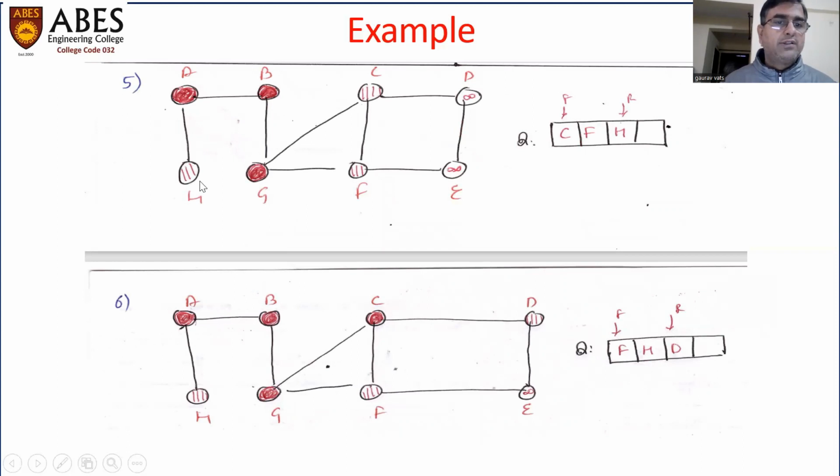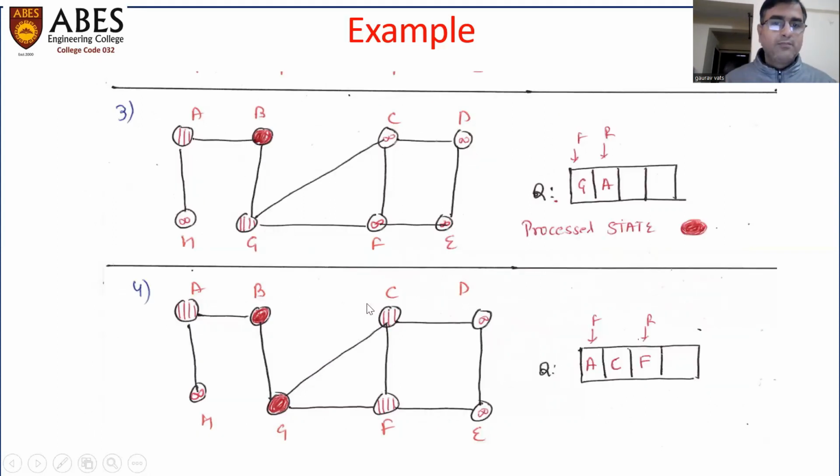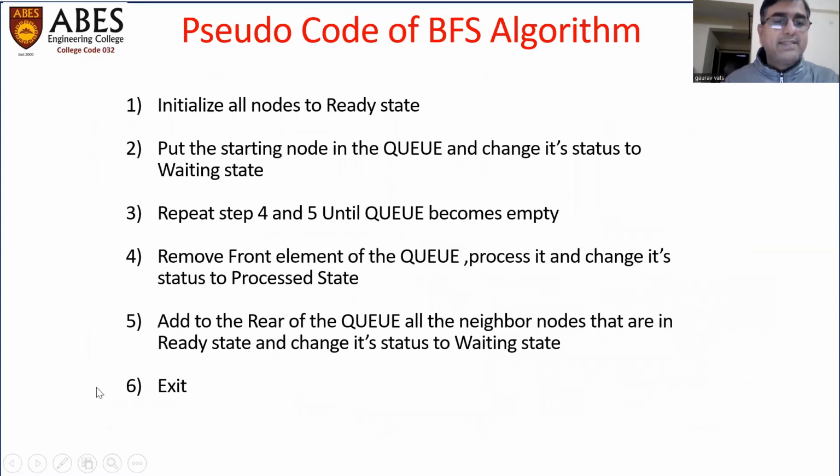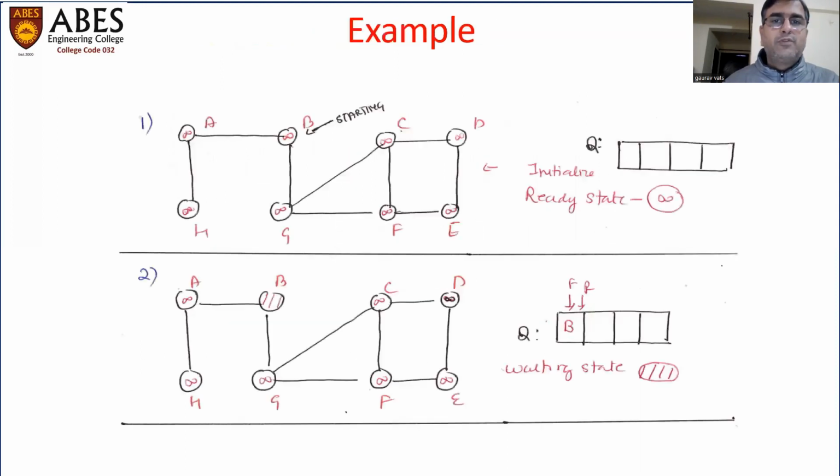Accordingly, this node is in waiting state, and this node has changed to waiting state after processing this element, because our algorithm says step 4 does processing, and the fifth step changes all the neighbors that are in ready state to waiting state. So this is the algorithm for breadth first search. It is using the queue data structure for accessing each node for traversing. Now we'll go over to the next slide.